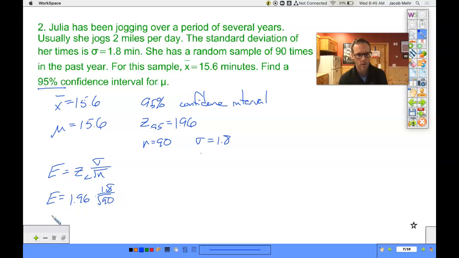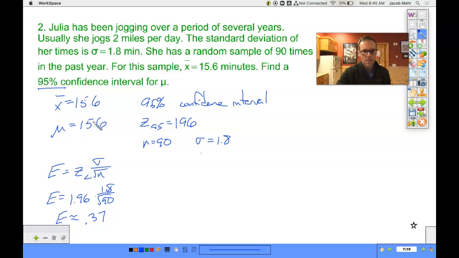So we get an error of about, grab my calculator, 0.37. Okay, so that's our error.